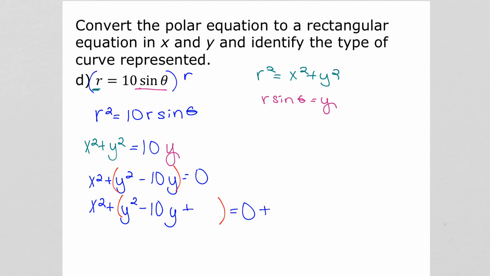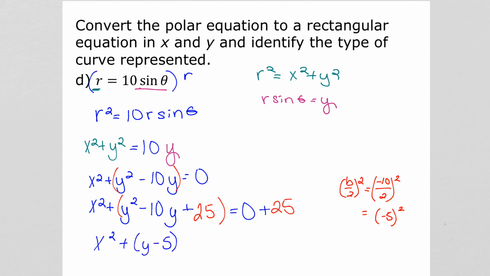Remember, it's b over 2 squared. So b is 10, or negative 10, doesn't really matter. And 10 divided by 2 is negative 5. Negative 5 squared is 25. That's what we're adding to both sides. So we get x squared plus y minus 5 quantity squared equals 25.